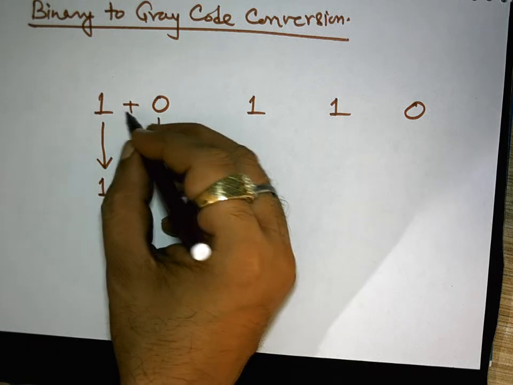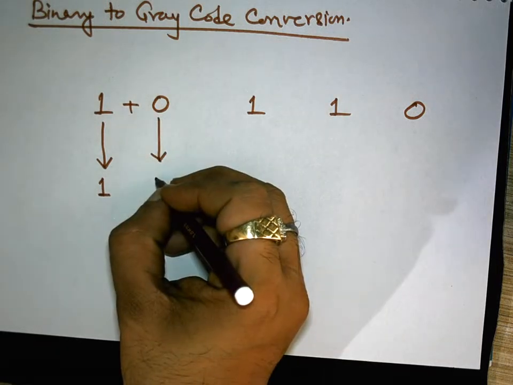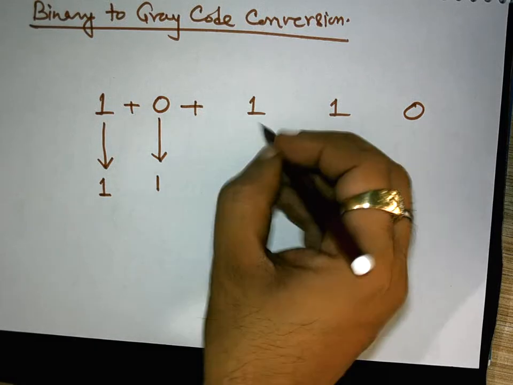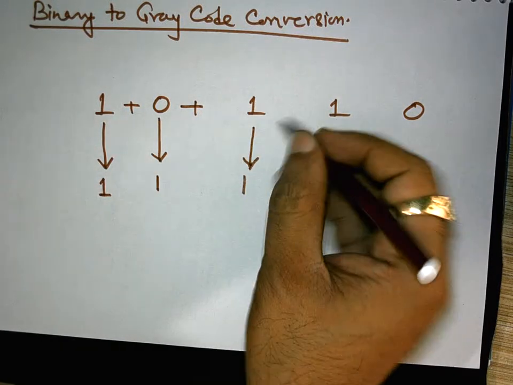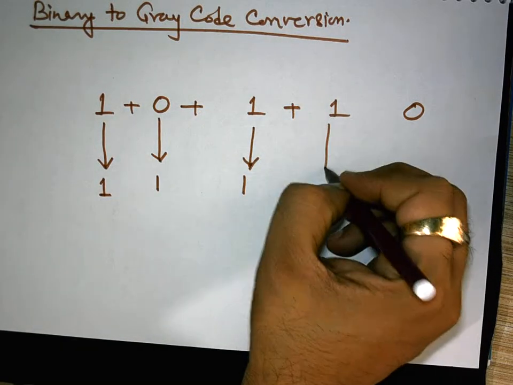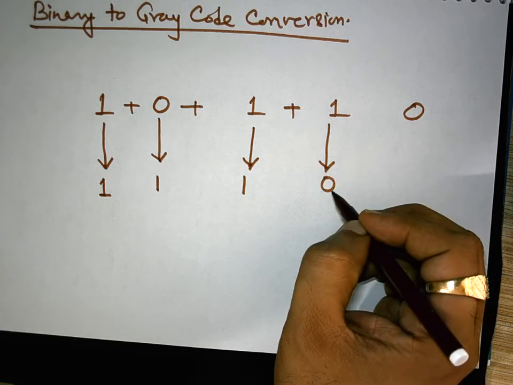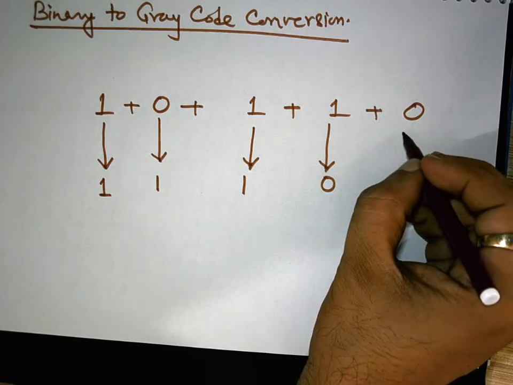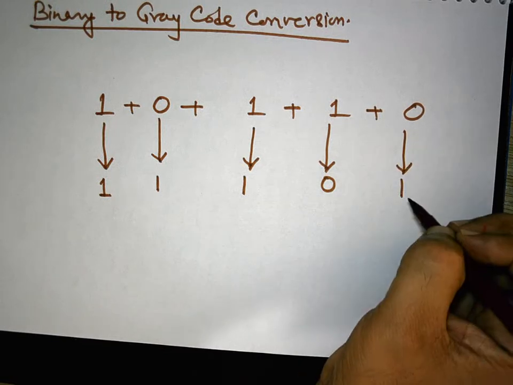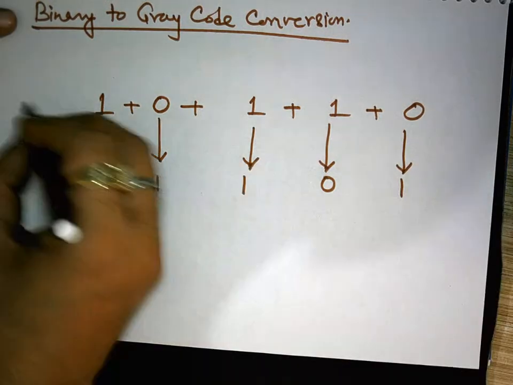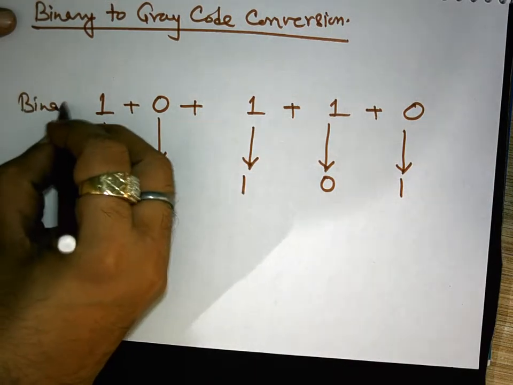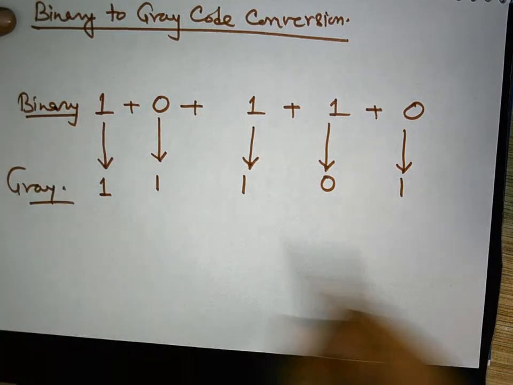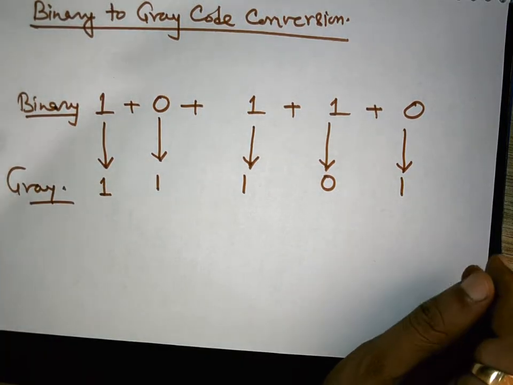So 1 added with 0, result is 1; 0 added with 1, result is 1; 1 added with 1, result is 0, discarding the carry in the addition process; and 1 added with 0 is 1. This way we can generate the Gray equivalent. This is the binary pattern, and this is the Gray pattern.